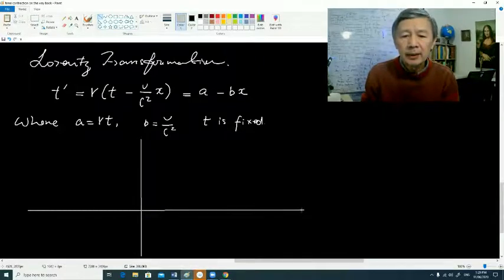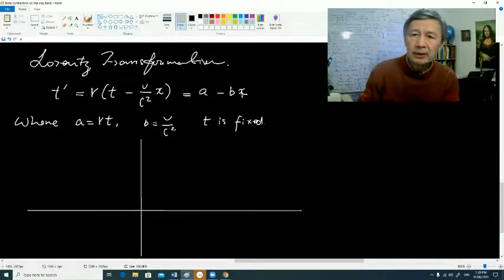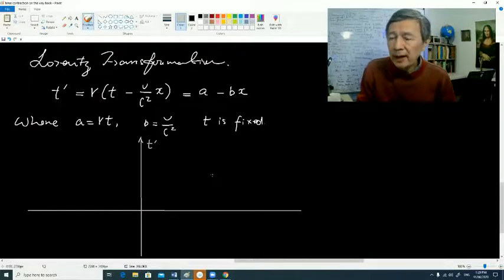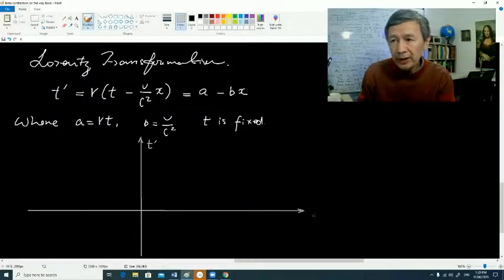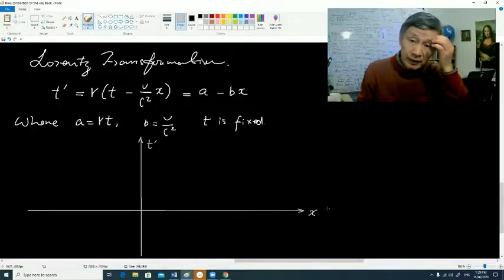In this diagram, I'm going to show you something very interesting. On the vertical axis, I will represent t prime, which is the time measured in the moving frame with velocity v relative to the fixed frame, while the horizontal axis will be x, the coordinate used by the observer in the fixed frame.